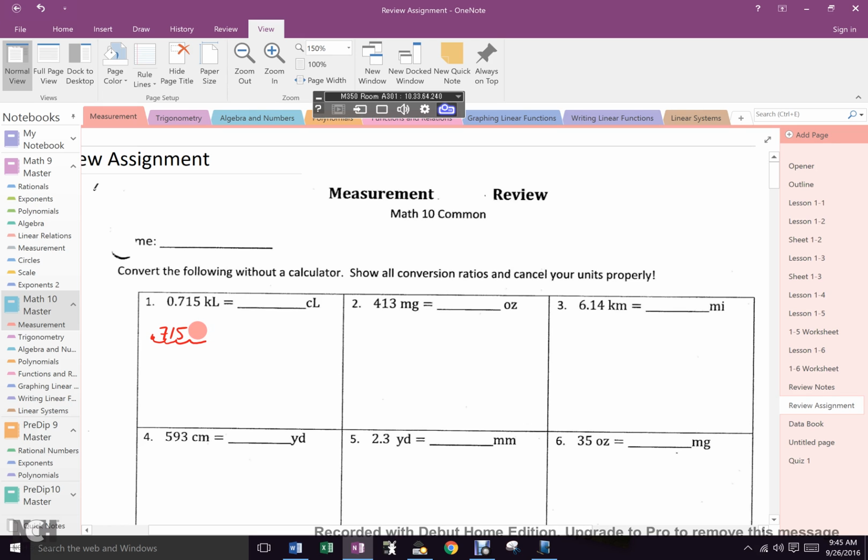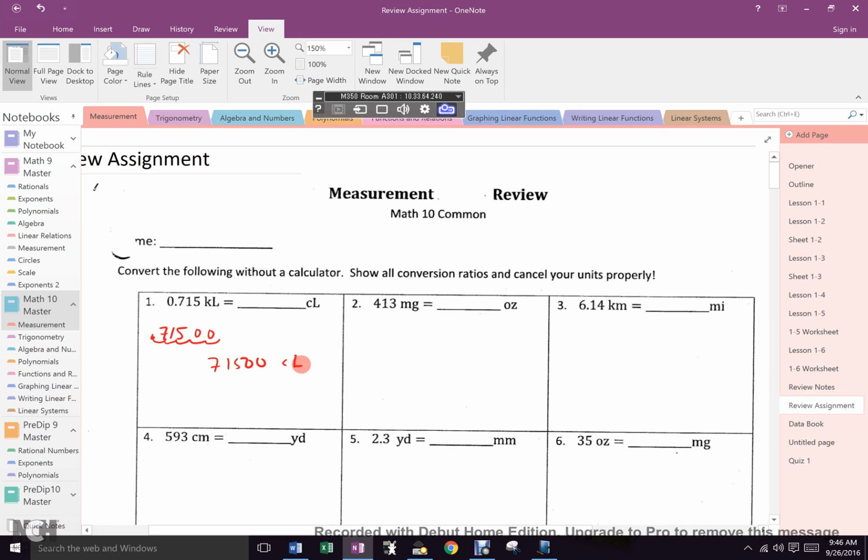What goes in the hole? 0. Centimeters. Right? So the answer is 71,500 centiliters. No matter what. Doesn't matter what the unit is. In SI, it's all based on 10, which is one decimal place per step.